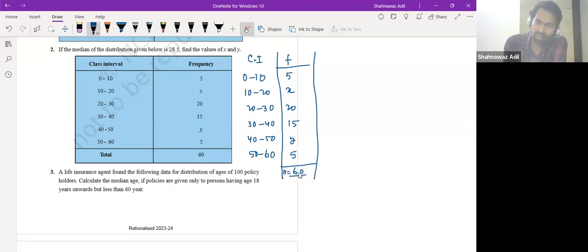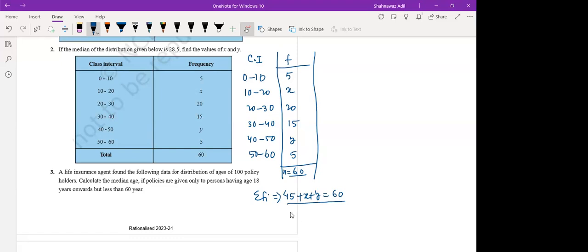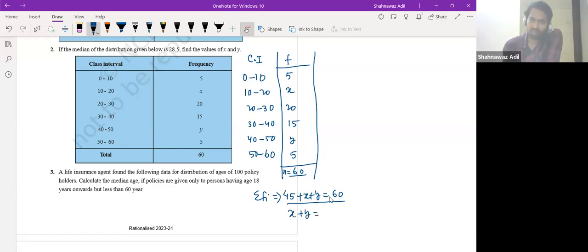So the total of the known ones would be how much? 5 and 20 is 25, then 15, which is 40, and then 5 more, 45. So 45 plus x plus y is 60. Am I correct, everyone? Yes, sir. So x plus y is how much? 15, right? This is my first equation.